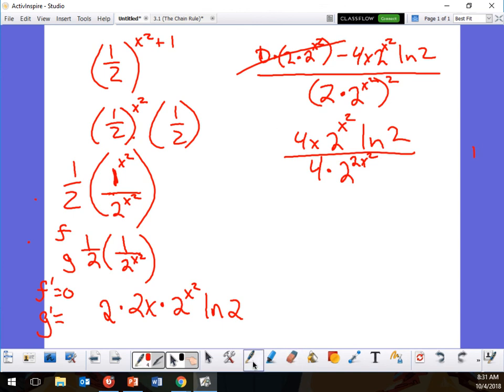Questions before I do the algebra part? Are there any questions? Are we okay? Is everyone okay? Because I slowed down and backed it up, and now we're getting to the part where I'm going to clean it up. Is everyone okay with what I did on the bottom?